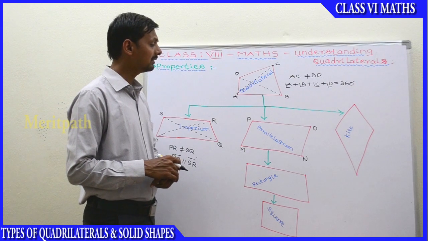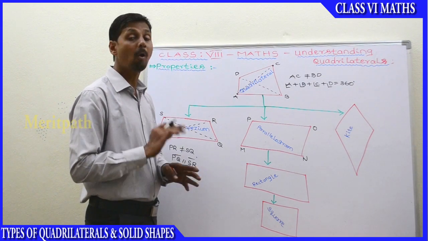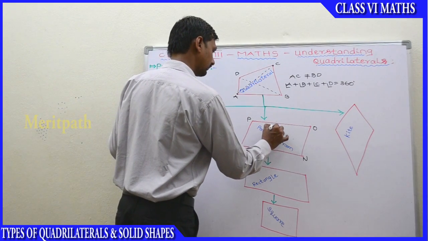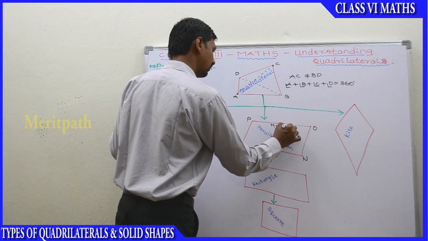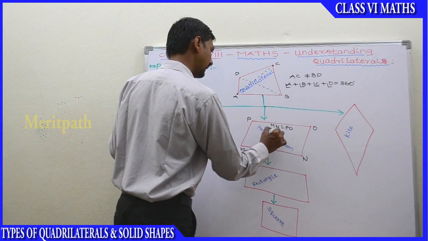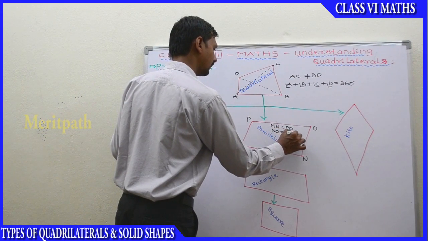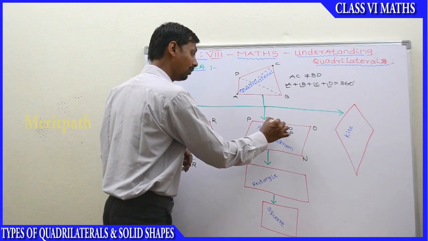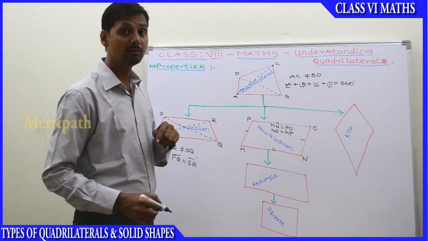And we take the sides of the parallelogram. Opposite sides are parallel and equal. Let's write here: MN is equal to PO, and MP is equal to NO. These two opposite sides are equal.